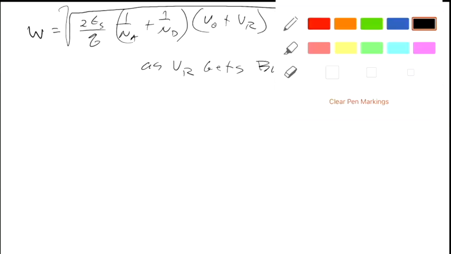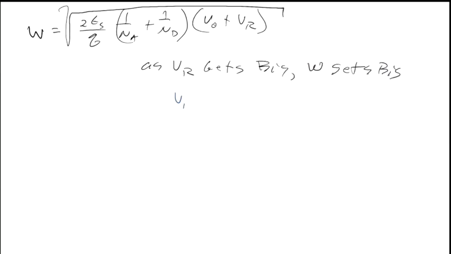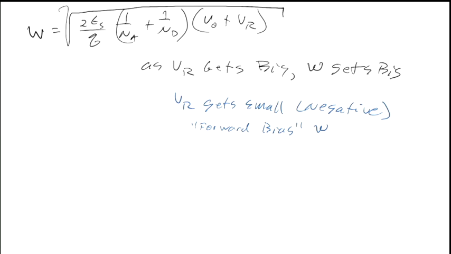And if VR gets small, negative, then we have a forward bias. And W gets small. And it might even go away, right? If we applied enough forward bias, that means VR is negative. Then V out minus, if V out equals VR and applied in the opposite direction, then we won't have any depletion width at all.